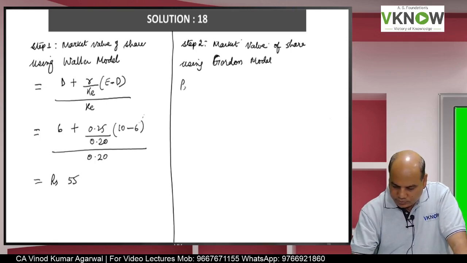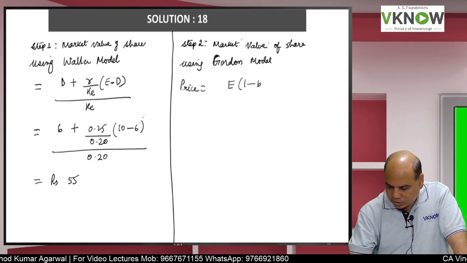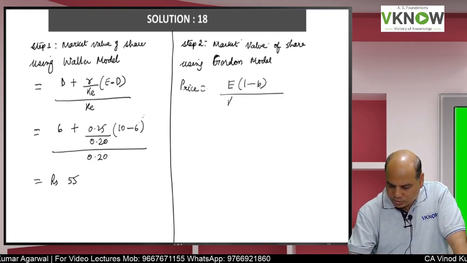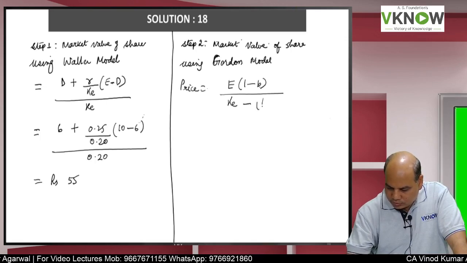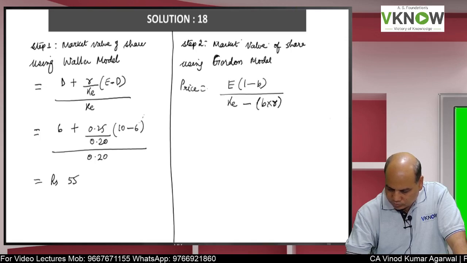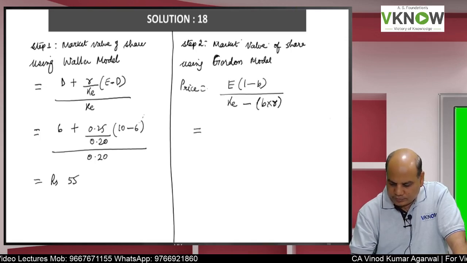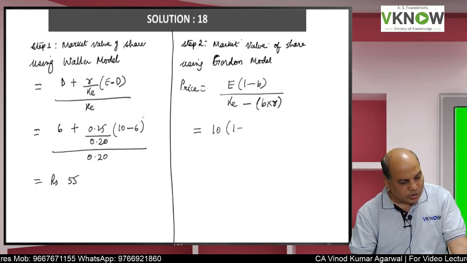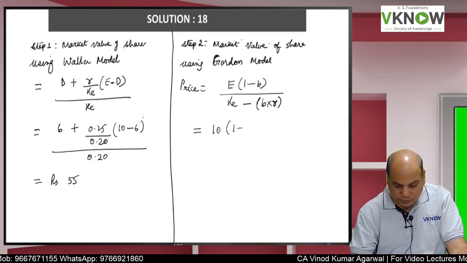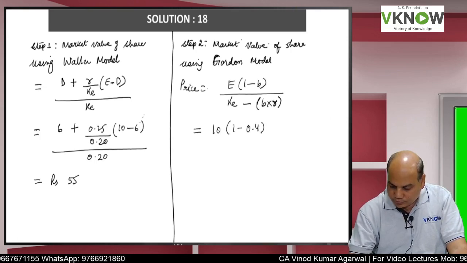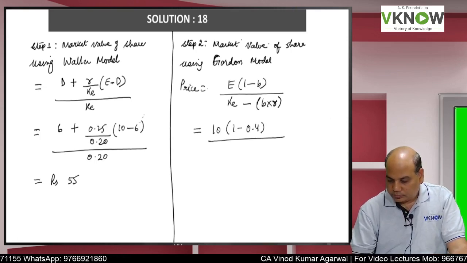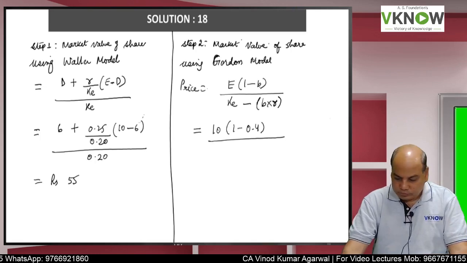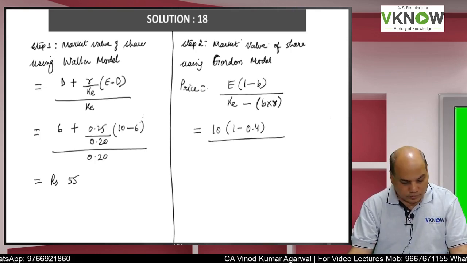So here the price of the share is equal to E into 1 minus B upon K minus B into R. What is E here? E is 10. In your question, retention ratio was given in the last line of the table, 0.4. This is Gordon formula, dividend growth model.